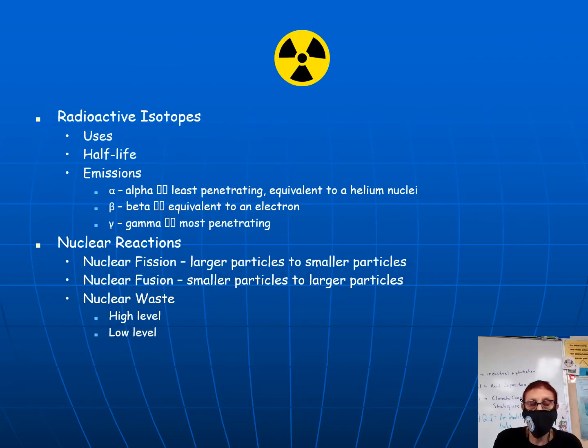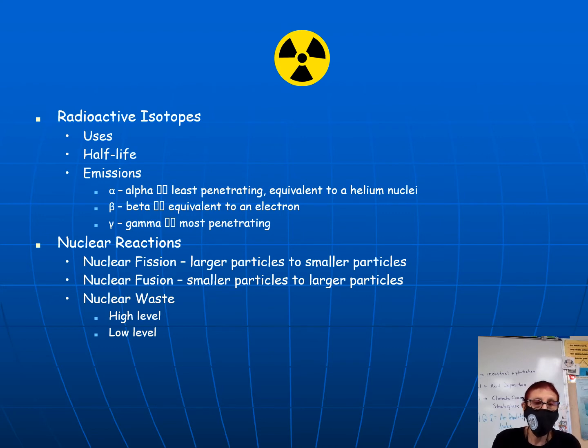We looked at radioactive isotopes, uses for those, both in things like weaponry, energy, and also medical uses. The idea of half-life. We looked at the various emissions that you can get, both alpha, beta, and gamma.